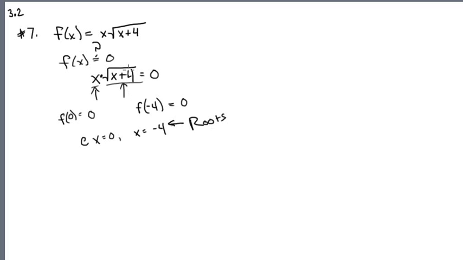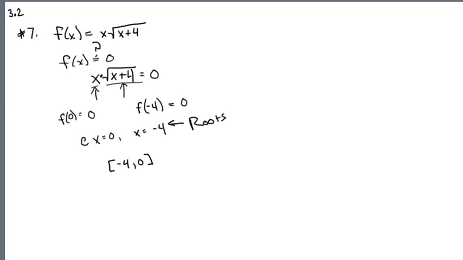So let's set up an interval from negative 4 to 0. Now Rolle's theorem states, let f be continuous on the closed interval from a to b and differentiable on the open interval from a to b.